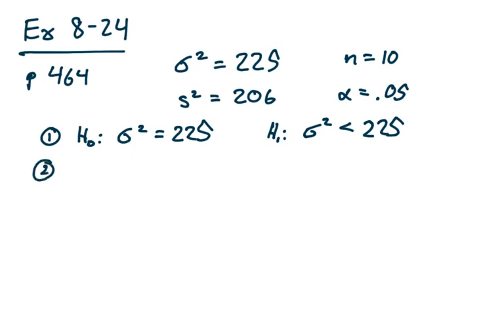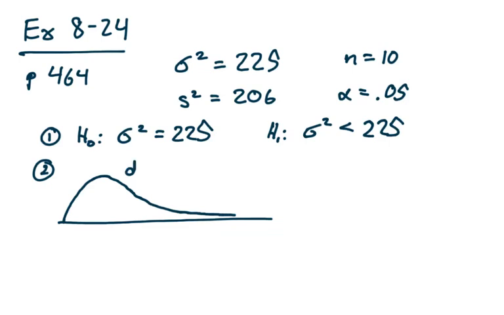All right, step 2, we're going to go ahead and find our critical region. So we'll go ahead and sketch our distribution curve. It's a chi-squared distribution, so we have to include degrees of freedom. It's going to be 9 degrees of freedom. And it's a chi-squared curve, so that's why I've drawn it so it's skewed to the right there.